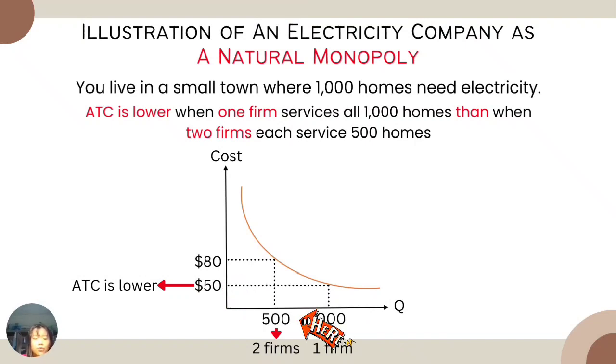But if there are two firms which supply the market with 500 for each, it will lead to a higher ATC, which is $80. So, in conclusion, we can see that ATC is lower when one firm services all 1,000 homes than when two firms each service 500 homes.